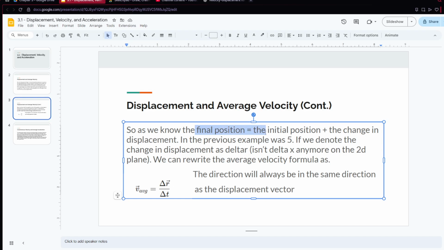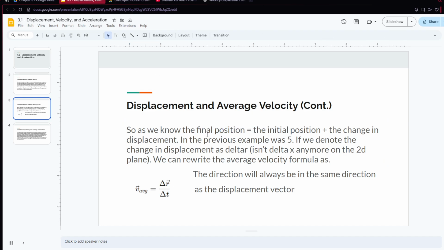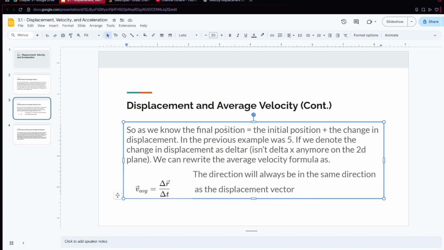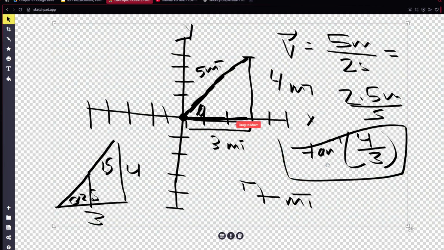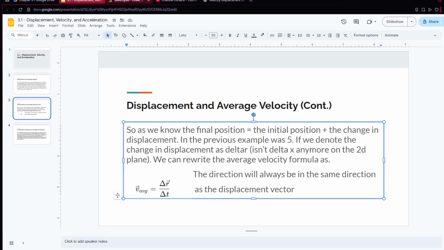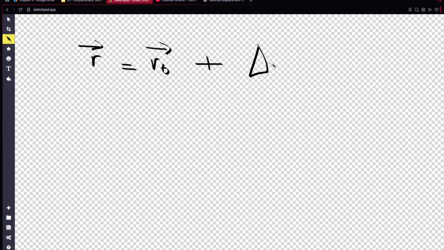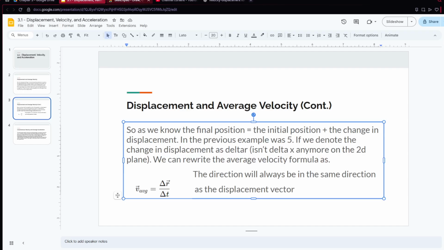So as we know, the final position equals the initial position plus change in displacement. You denote this as r in the book, so the r vector of displacement is equal to r0, the initial vector, plus the change in r. We can rewrite this as the change in r is the final minus the initial position, pretty common sense.